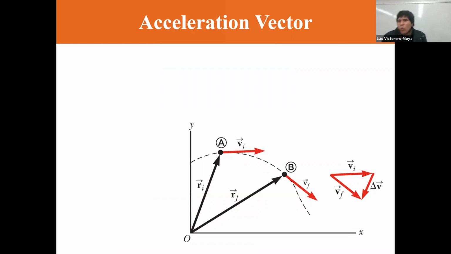So we know that in 1 dimension, acceleration can happen due to the change in velocity with respect to time. So dv dt or delta v over delta t, if you're looking at the average acceleration. However, what you are seeing right now is 2 different positions along a curve here.